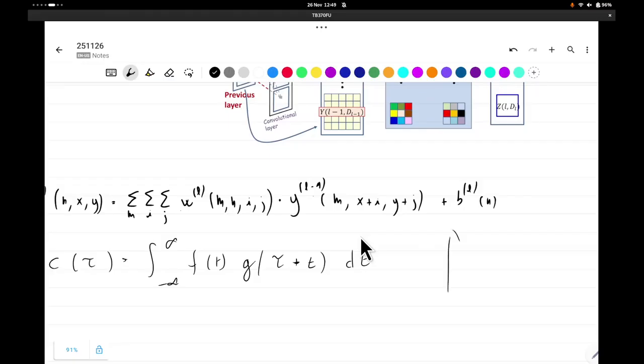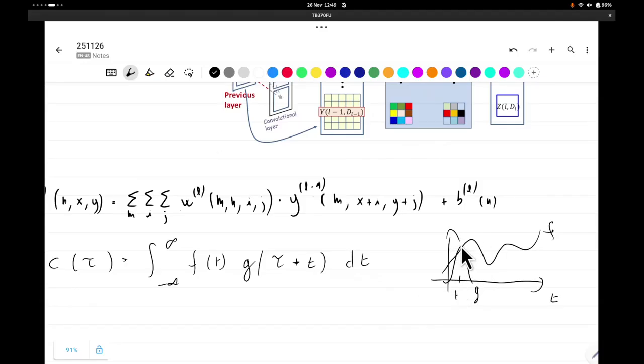So you have a function f, and your g, for example, is a Gaussian. g typically has a finite support, as the filter here, and then you're doing the integral of the product of these two. So basically, if this was a Gaussian, you would get as outcome of the integral at a certain time tau the kind of smeared value of the function centered at a certain time t, right?